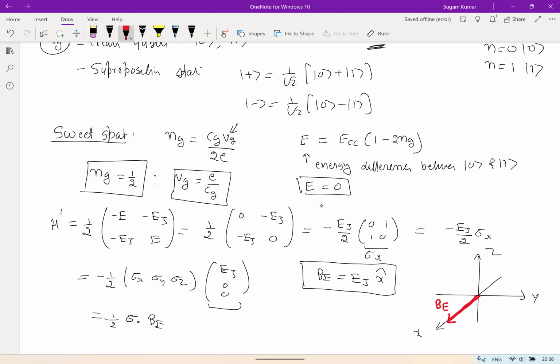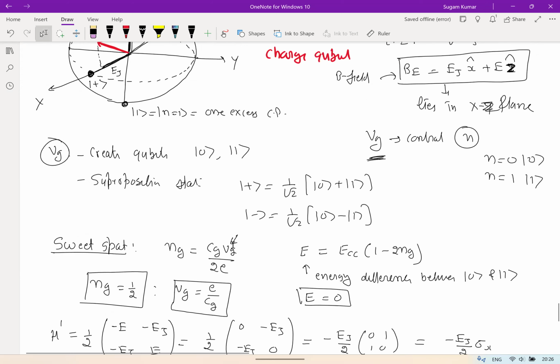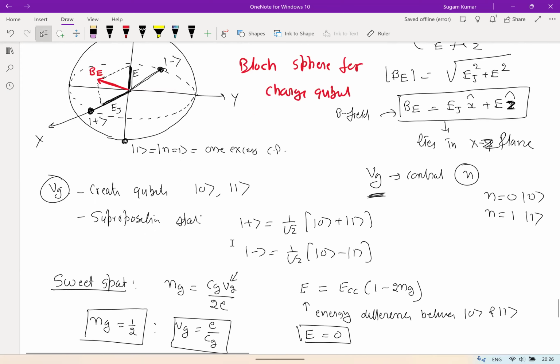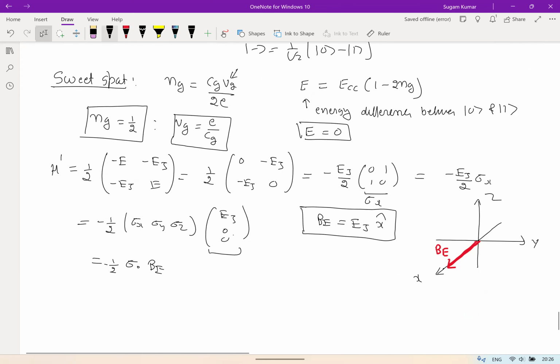And in this situation, it can be like this way or the other way around, minus also is possible.